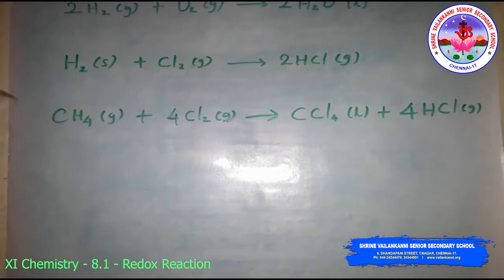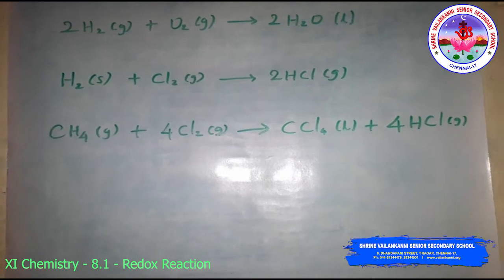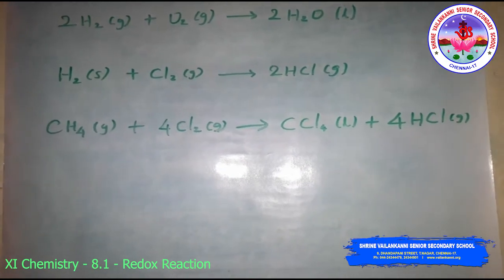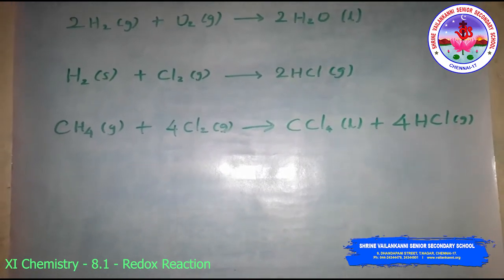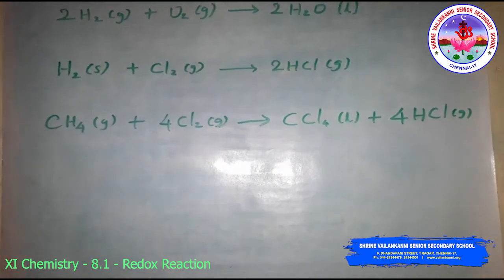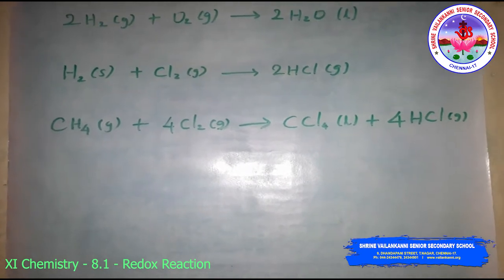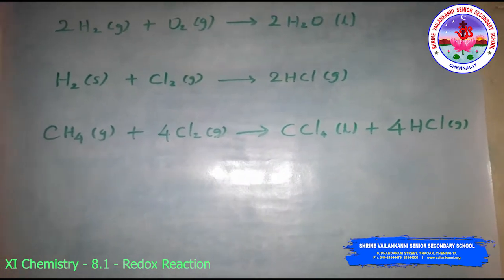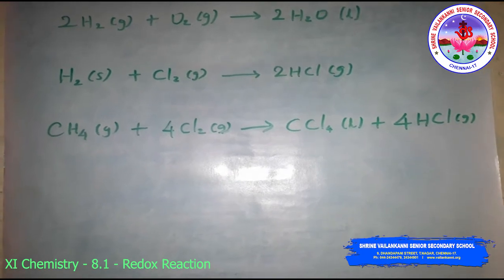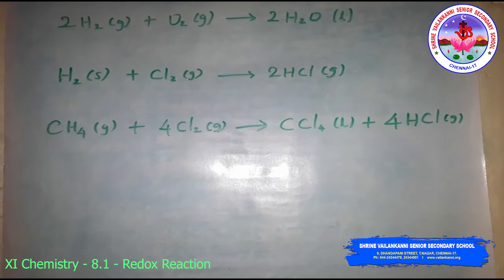This is the example. So oxidation number denotes the oxidation state of an element in a compound, ascertained according to a set of rules formulated on the basis that the electron pair in a covalent bond belongs entirely to the more electronegative element. Now we will see the oxidation number rules.